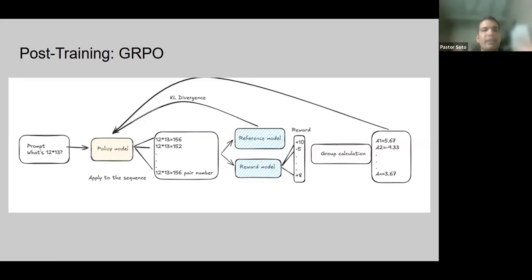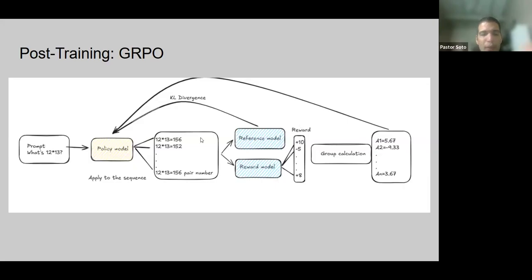So it evaluates the KL divergence and then goes back to the policy model to keep the outputs within the gains from the supervised fine-tuning. And you also have a reward model that evaluates the different outputs and provides a score. And this is just a simplification of that reward.